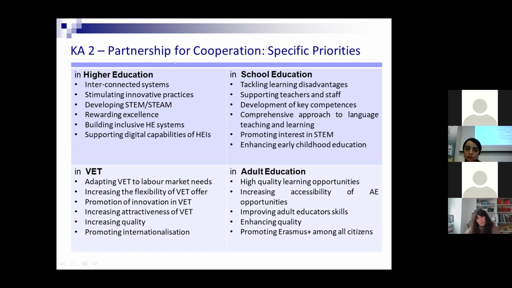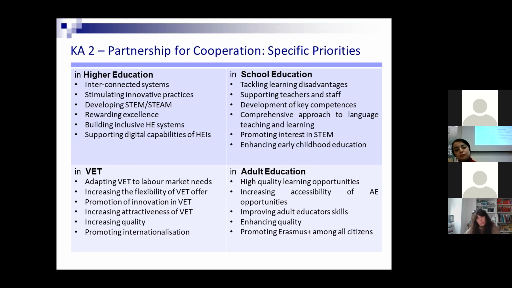Most of you are from the higher education sector, and these are the priorities of this year's call for proposals. As you see, they are also very general. For example, stimulating innovative practice. Everything can be done within this priority. Developing STEM or STEAM, rewarding excellence, building an inclusive higher education system, supporting digital capabilities in the higher education sector.